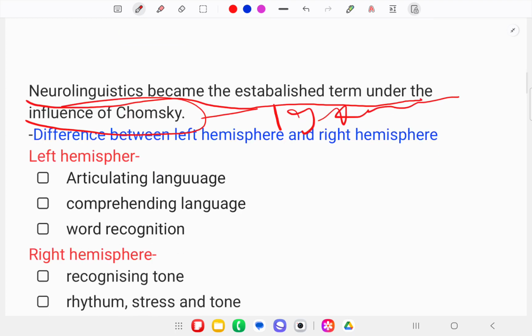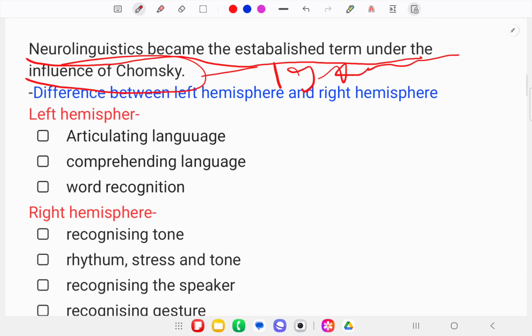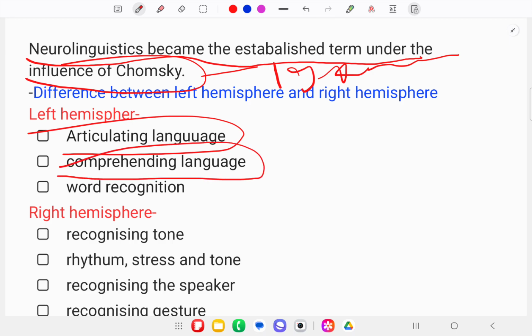In the left hemisphere, articulation of language is involved, as well as comprehending language, meaning how we understand language, and word recognition. If there is any word, the left hemisphere is responsible for understanding or recognizing that word.